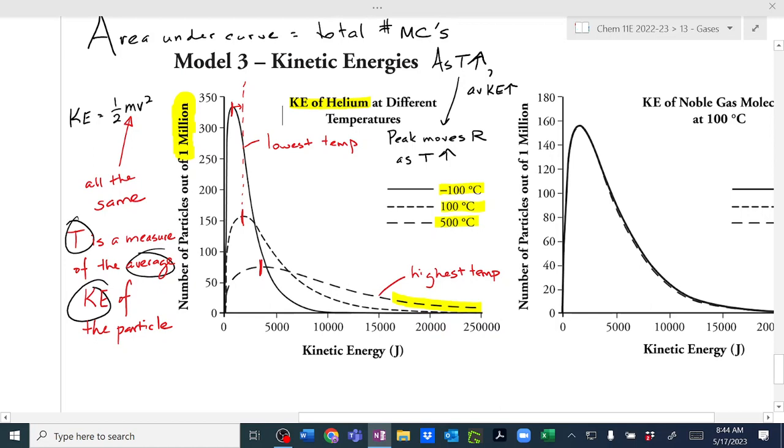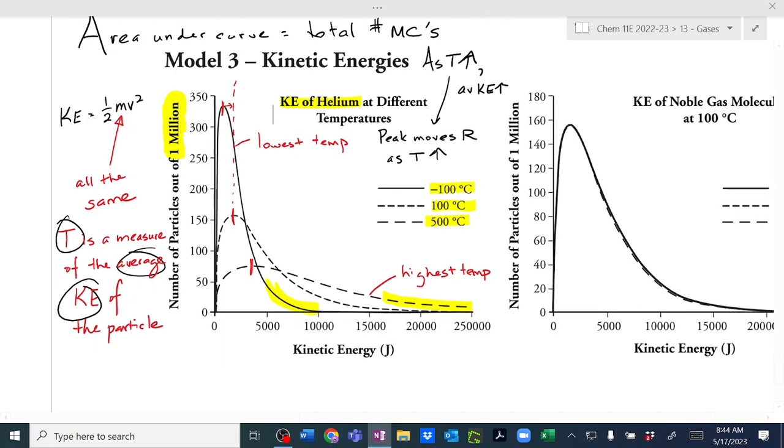Its highest kinetic energy is much higher than the highest kinetic energy of the lowest peak. So as temperature increases, the curve gets wider. But because the number of particles is staying the same, the height has to get lower because otherwise the area will not remain the same. Is that good? Okay, so that's basically it for this one.